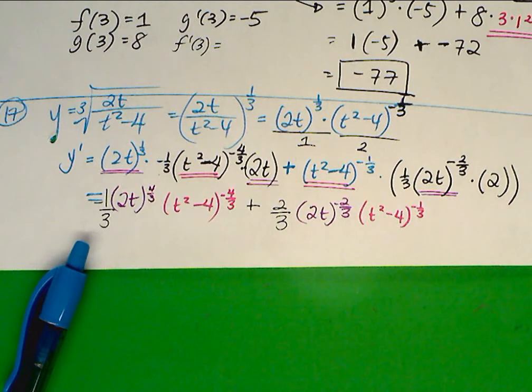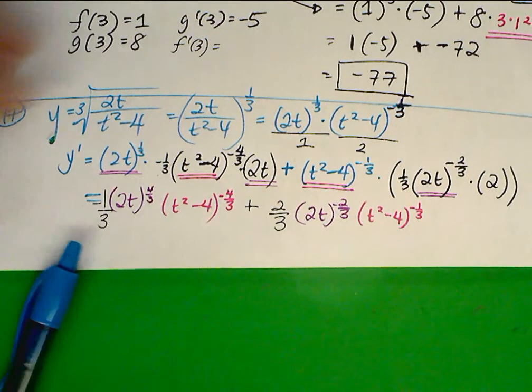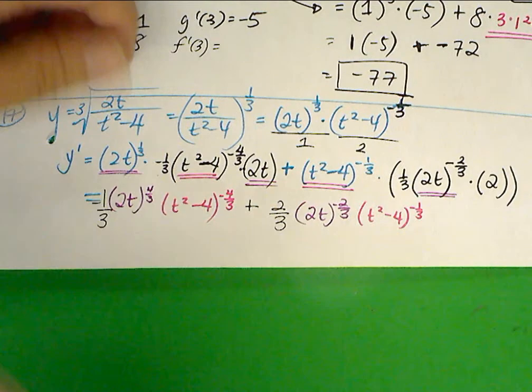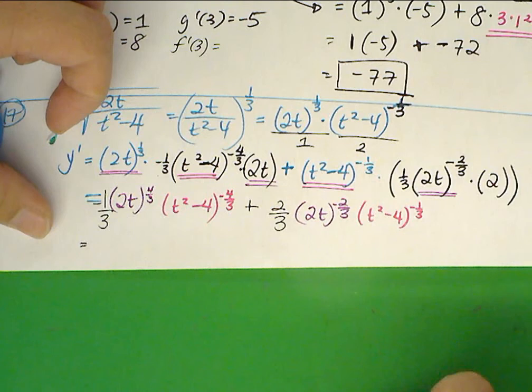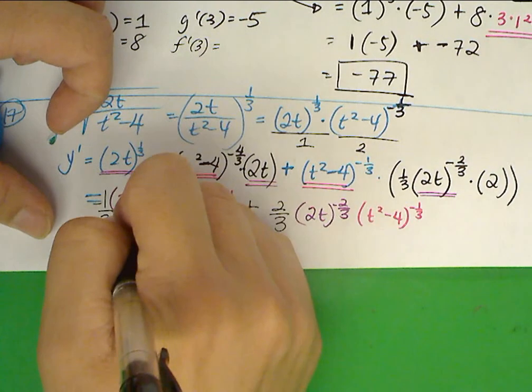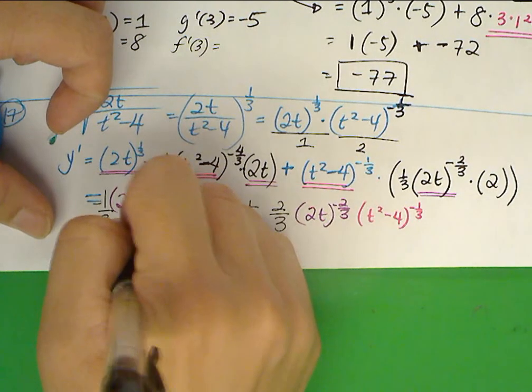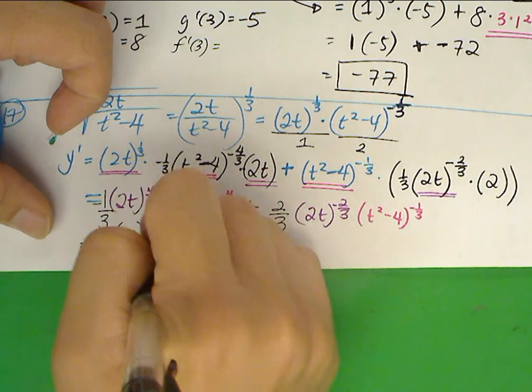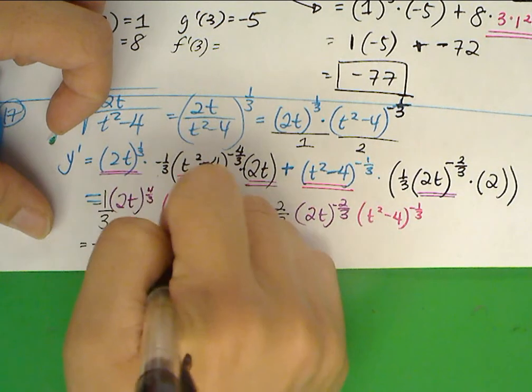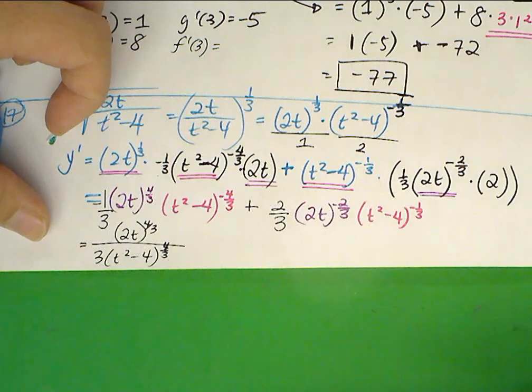I'm gonna rewrite it on the top and bottom, like you said. So this is 2t to the 4/3 on the top, and 3 times t squared minus 4 to the 4/3 on the bottom. This is negative though. Don't forget the negative.